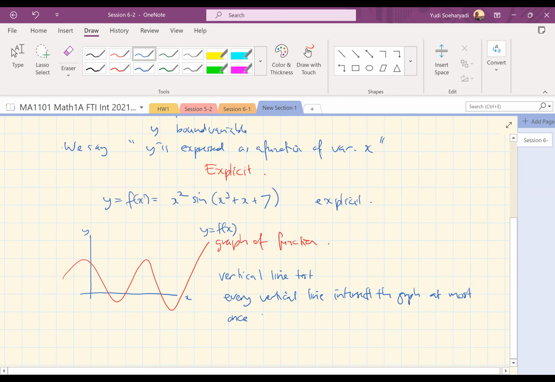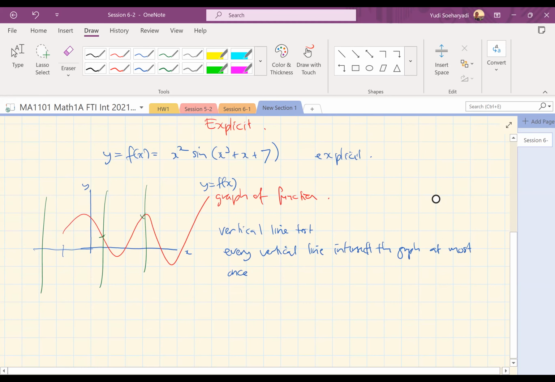So if you take something like this, it intersects there only once. And if you go outside the domain, you are not intersecting the graph at all. So this is a graph of a function.